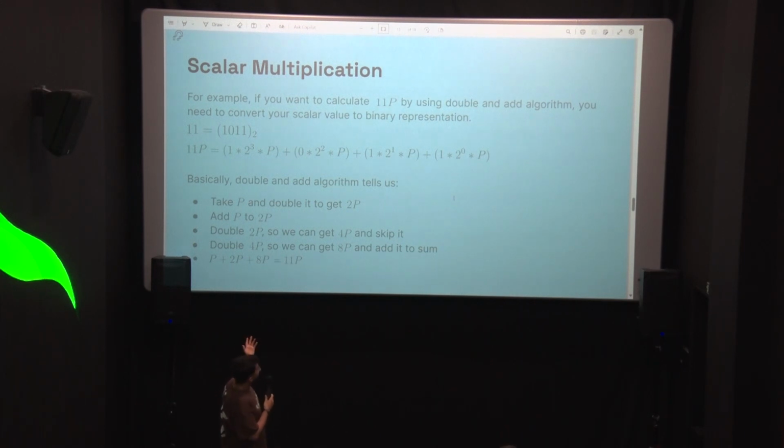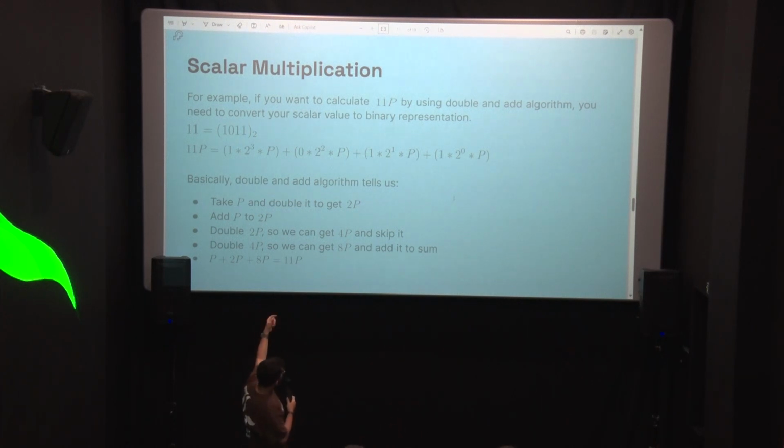What it says is that if you have 11 in front of your number, you can just convert it to bits. If the first bit on the right side is 1, it means take the P, put it inside a bag, the bag is your sum, right? And keep it there. And look at the second one.